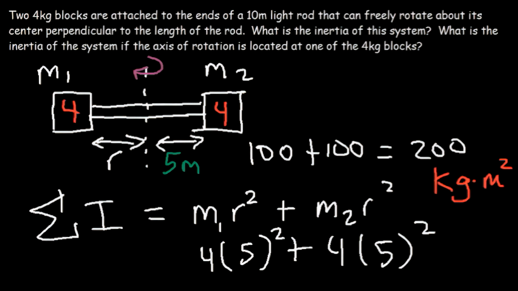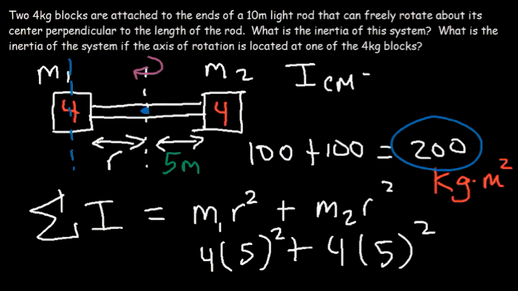Now, what is the inertia of the system if the axis of rotation is moved to, let's say, this 4 kilogram block? By the way, this value is the inertia when the axis of rotation is located at the center of mass. The center of mass is right between the two 4 kilogram blocks because they're the same.